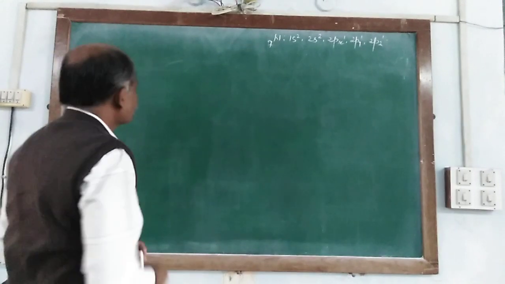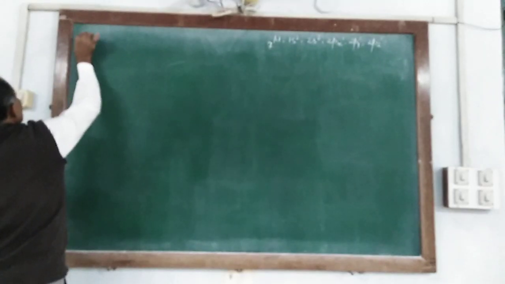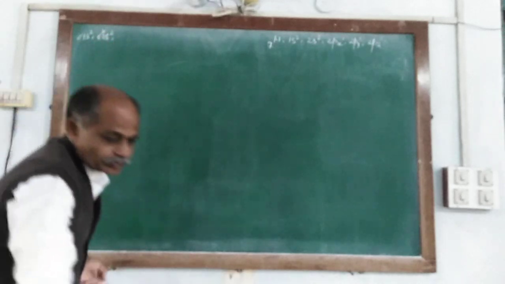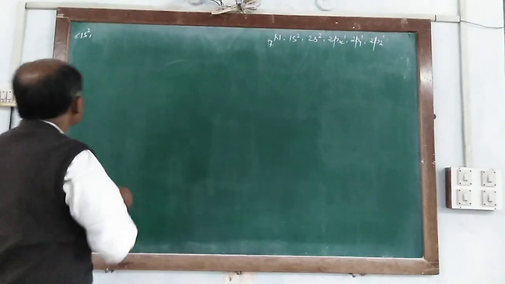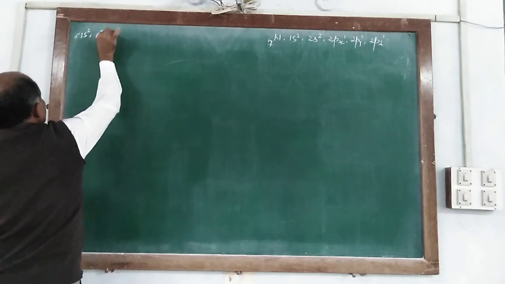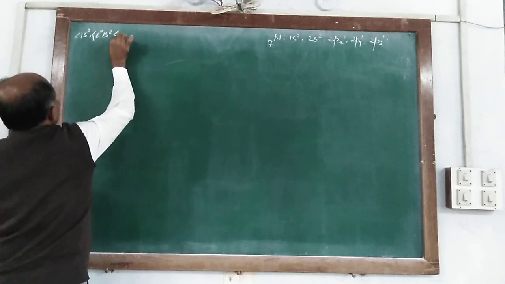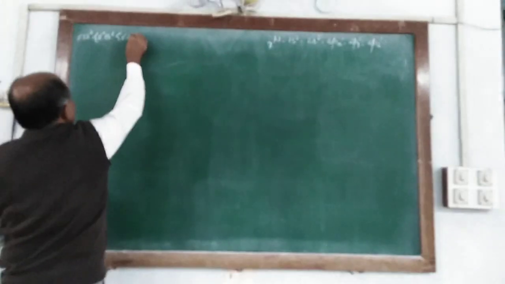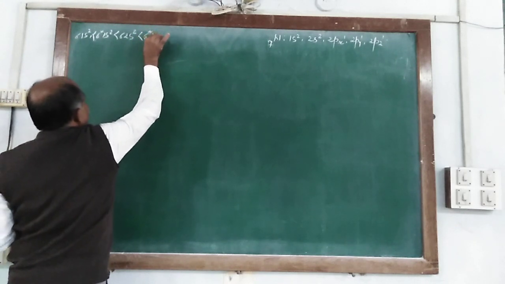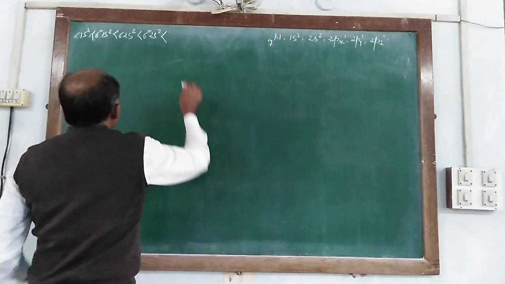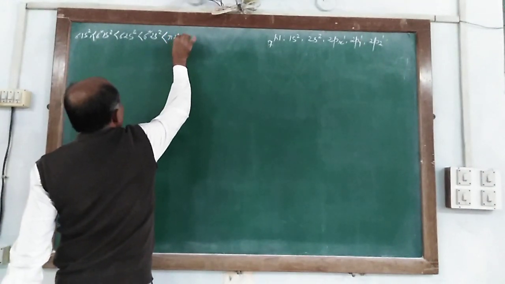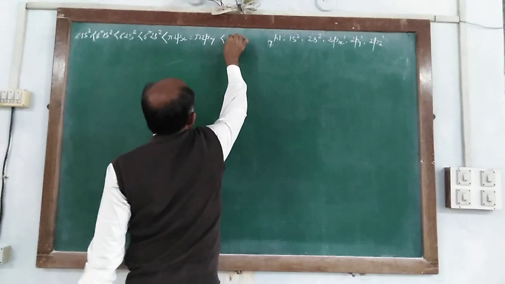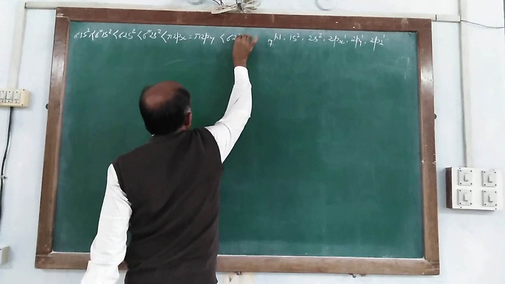It is sigma 1s2, sigma star 1s2, sigma 2s2, sigma star 2s2, then pi 2px is equal to pi 2py, then sigma 2pz.